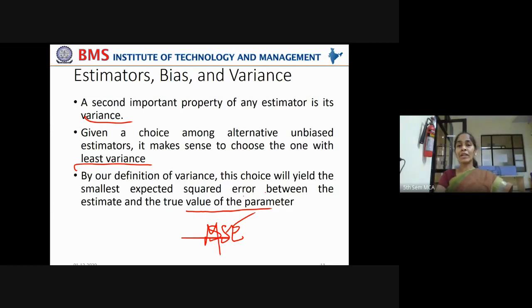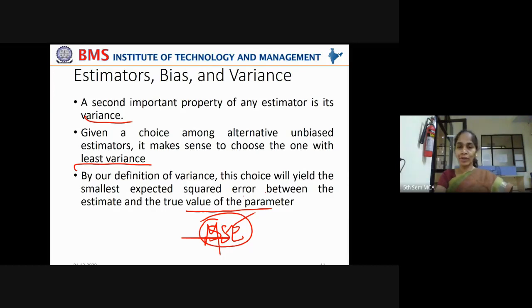Whenever you are fitting machine learning models to find out the accuracy, or when you want to compare two machine learning models, you have to measure this mean squared error. The model with the least mean squared error is the best performing model. Why? Because it is giving the least estimate bias between the sample error and the true error.